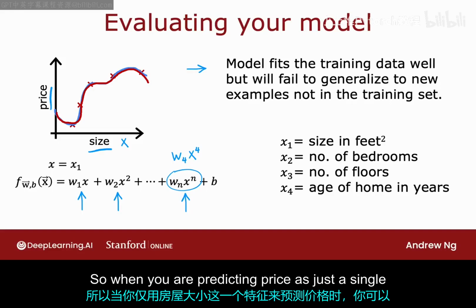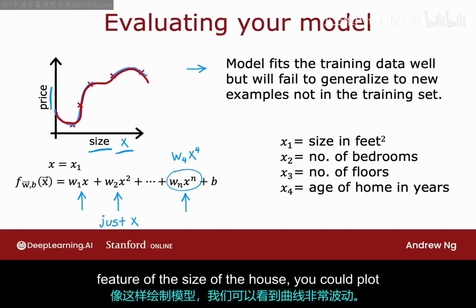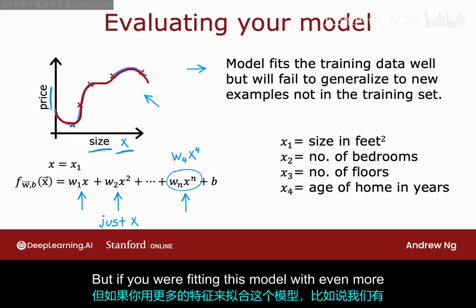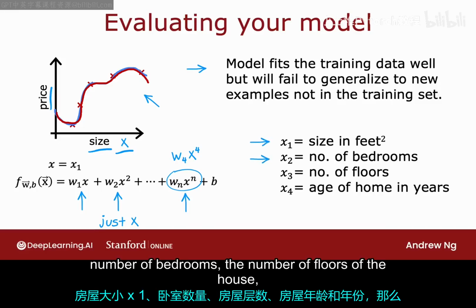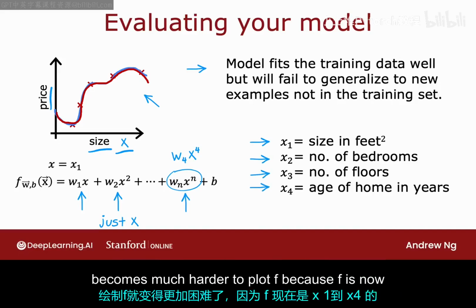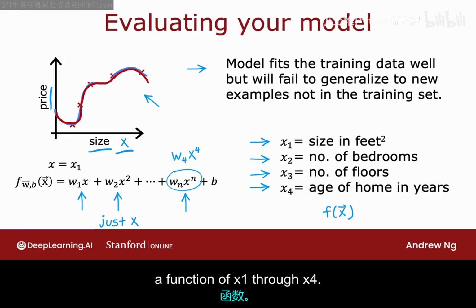So when you are predicting price as just a single feature, the size of the house, you could plot the model like this, and we could see that the curve is very wiggly. So we know this probably isn't a good model. But if you were fitting this model with even more features, say we had x1, the size of the house, number of bedrooms, the number of floors of the house, also the age of the home in years, then it becomes much harder to plot f because f is now a function of x1 through x4.